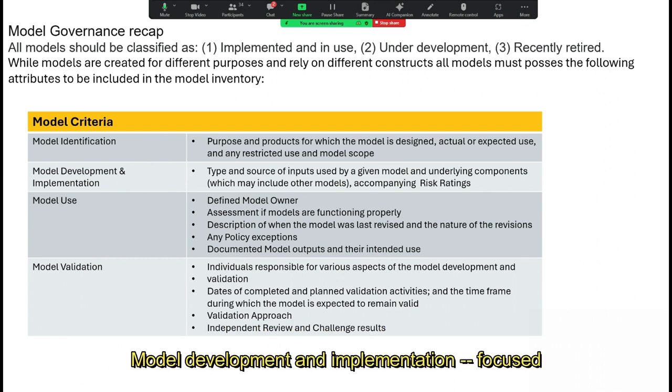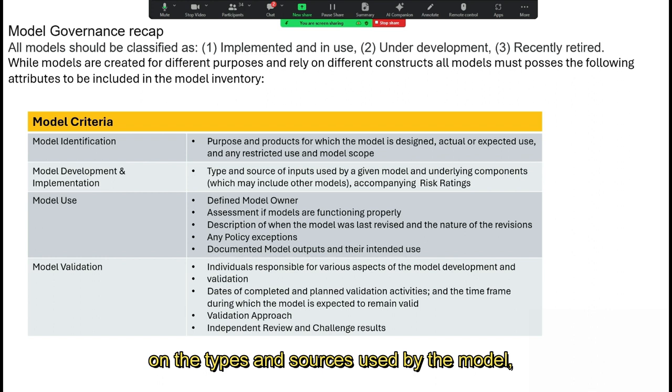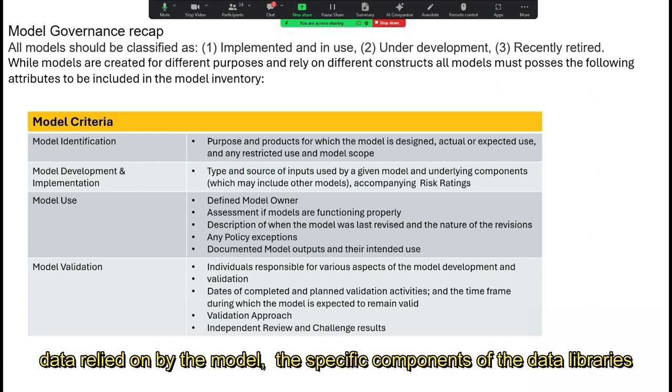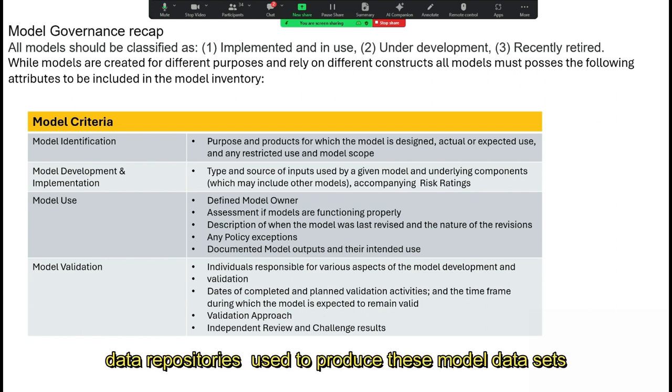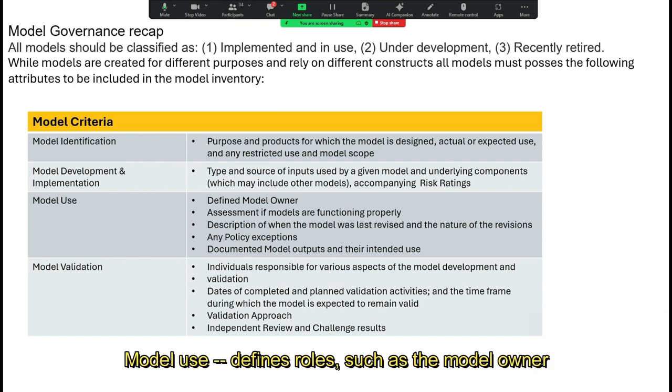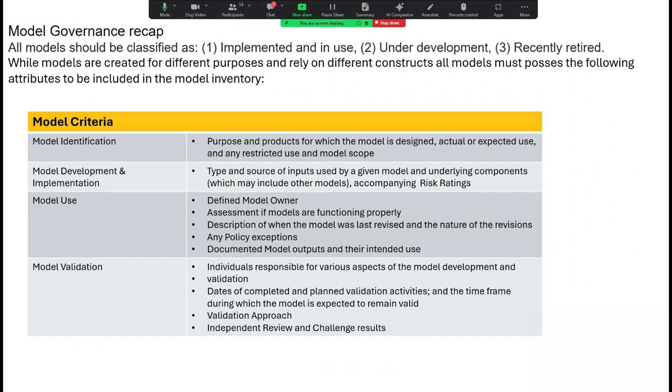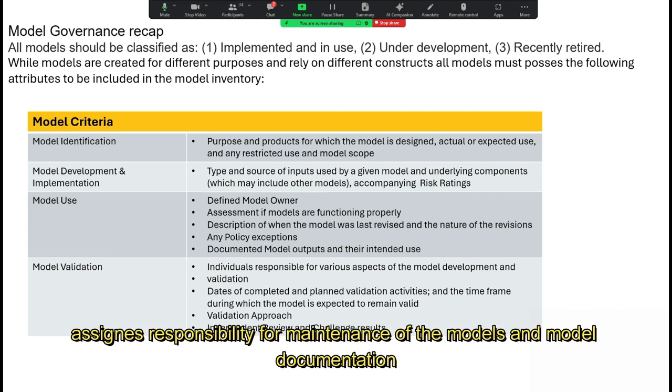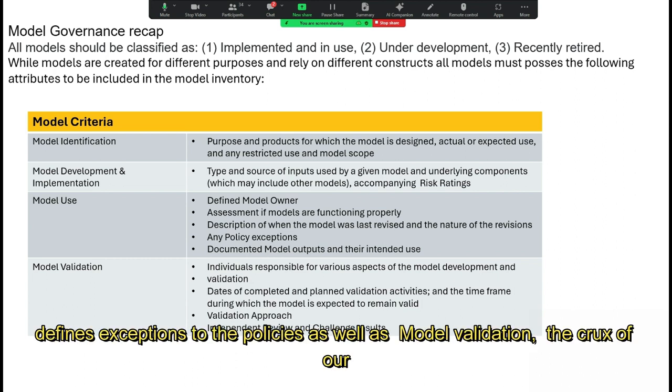Model development and implementation: the types and sources used by the model, the data relied on by the model, the specific components of the data libraries and data repositories that are used to produce these model data sets. Model use: definition of the model owner, assigned responsibility for maintenance of the models and model documentation, exceptions to the policies.